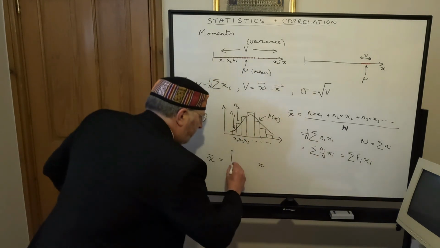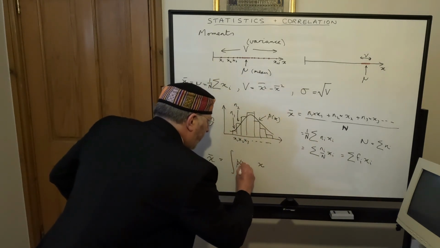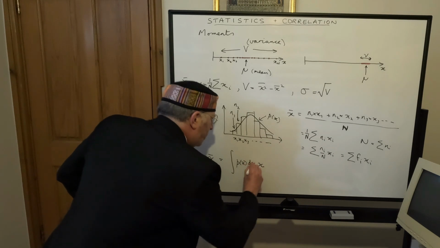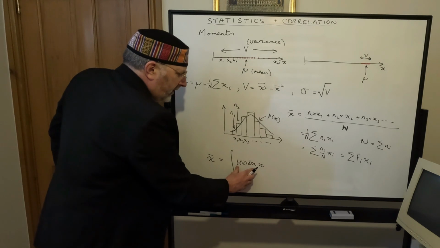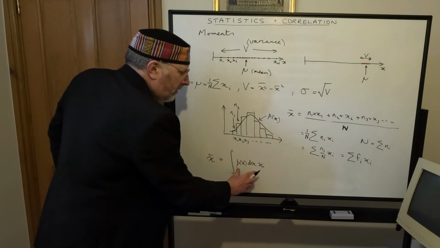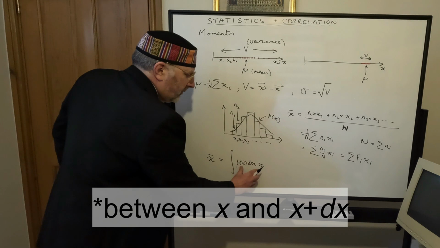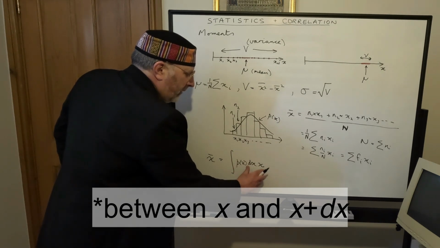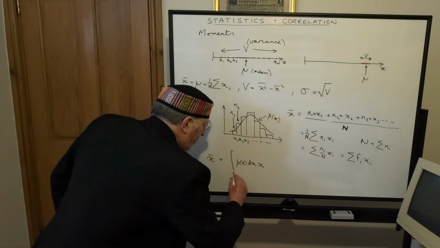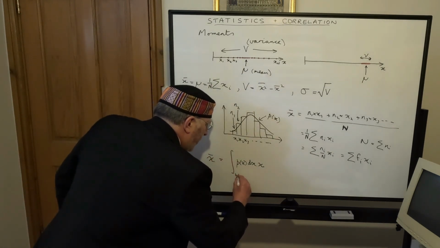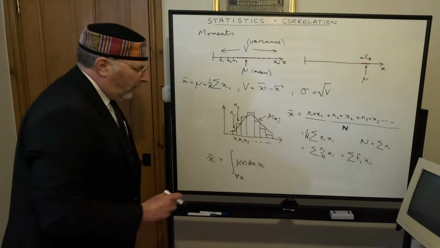So we would replace the frequency with p of x times dx. That's the fraction that are around x, between x and x plus dx. And then we multiply by x, same as before, and then we add all that up, or in other words, integrate over all of x.